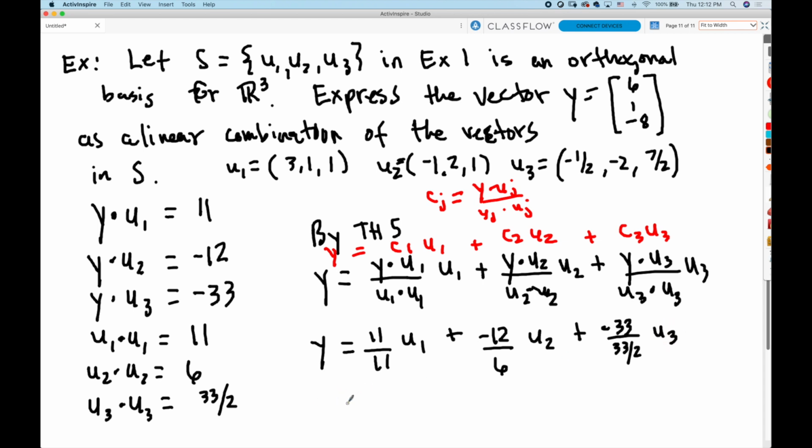And so we get u1 minus 2u2 minus 2u3. So we just wrote y as a linear combination. Okay, so there we go.